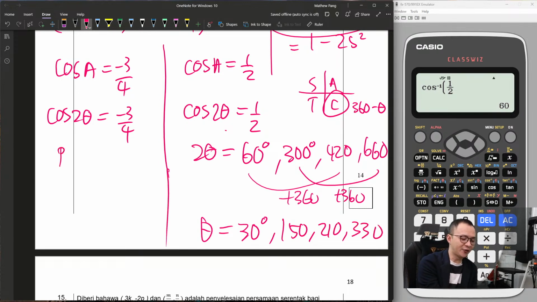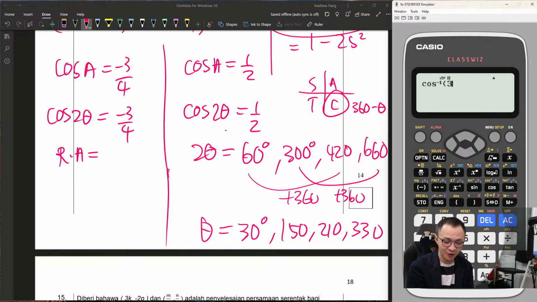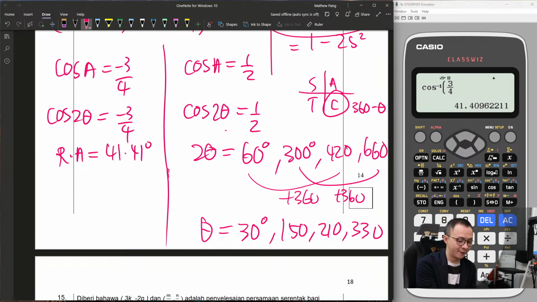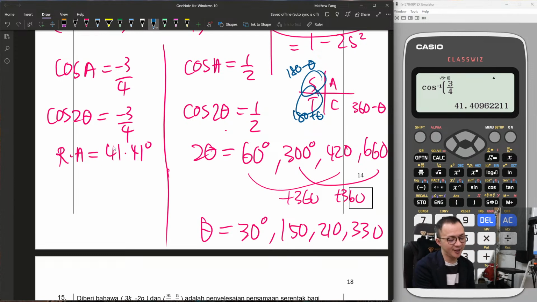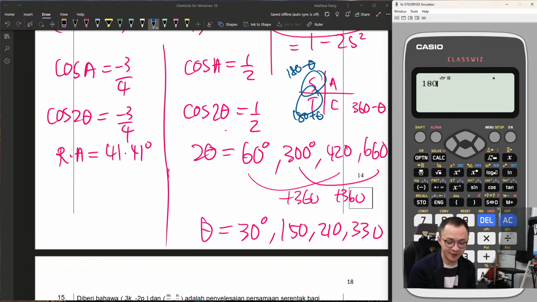Then this one need to find reference angle because the other side got negative, so I will do inverse cos 3 over 4. Reference angle is 41.41. Okay, cos get negative at which quadrant? 2 and 3, right? 2 is 180 minus theta, 180 plus theta. So 180 minus this one, right? So 180 minus 41.41.